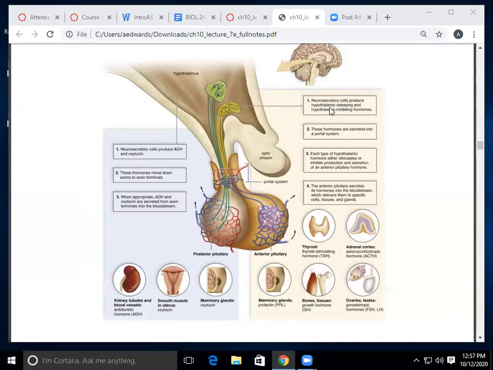So they can either promote those hypothalamic hormones or inhibit them. These hormones get secreted into what we call a portal system, another network of capillaries. And each type of hypothalamic hormone can stimulate or inhibit production and secretion of some anterior pituitary hormone.